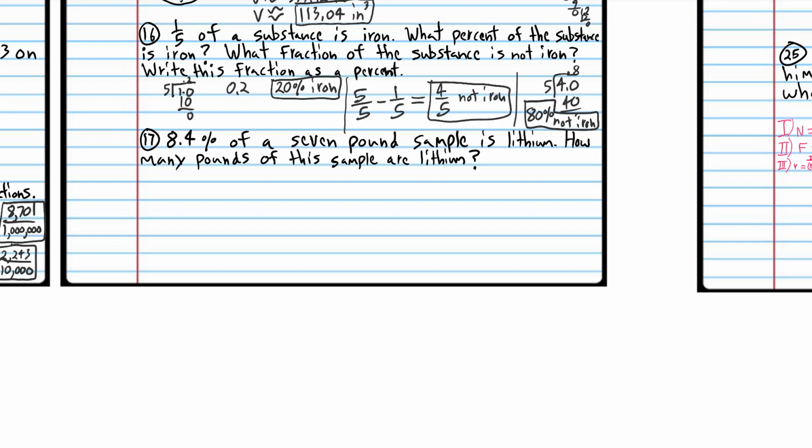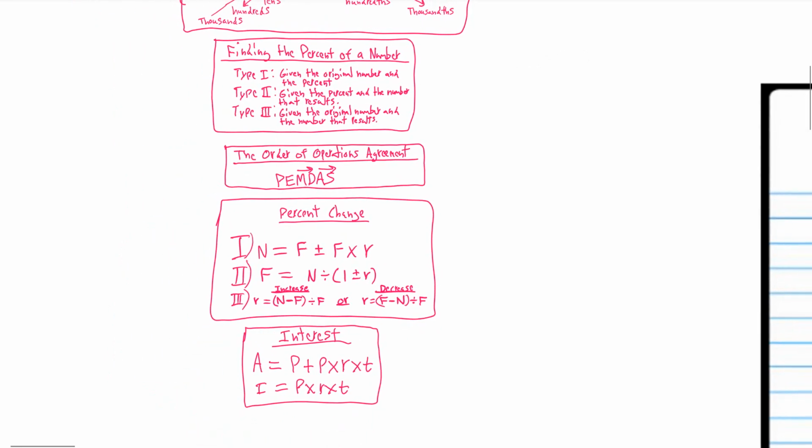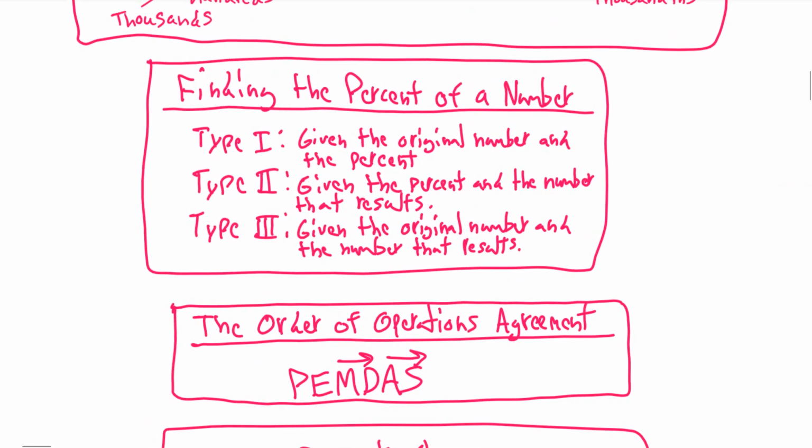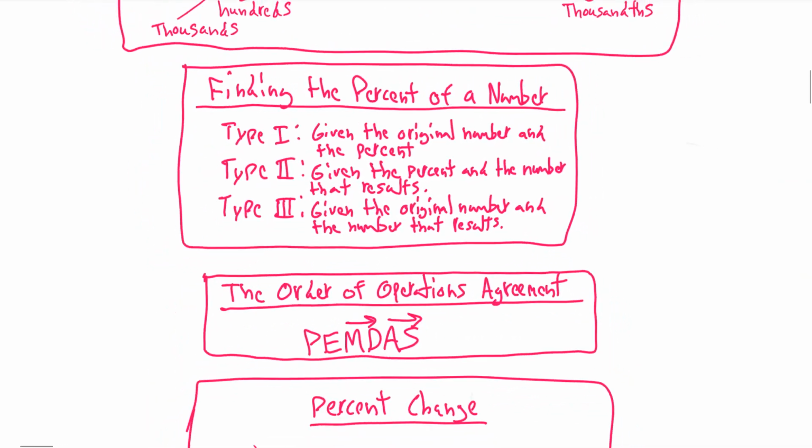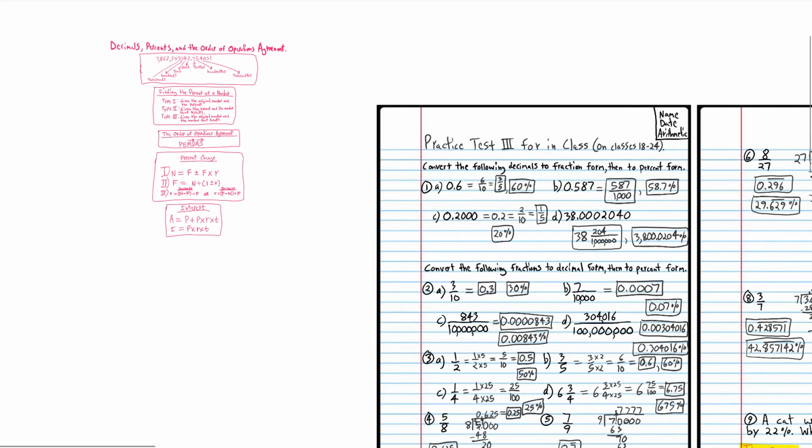All right, so this is just a basic, if you look at your formulas that I gave you, the screenshot, this is an application of percents problem. That's these problems here. We have 3 types of these problems. So it's not percent change.